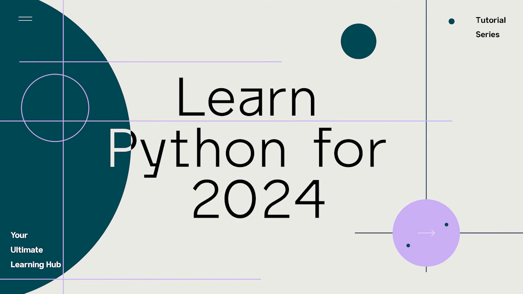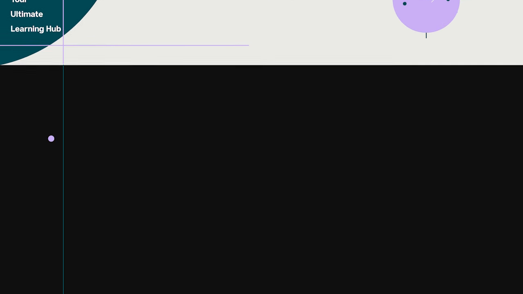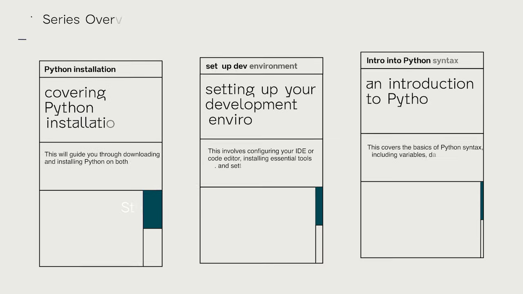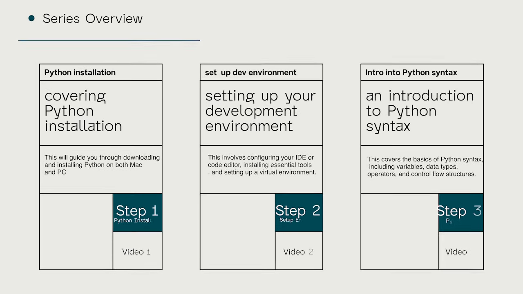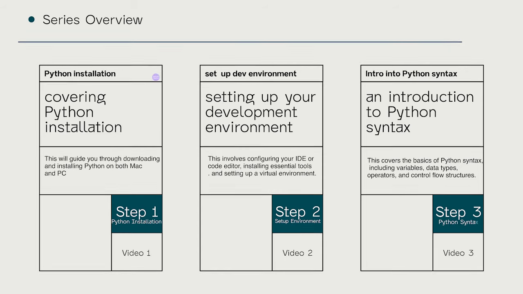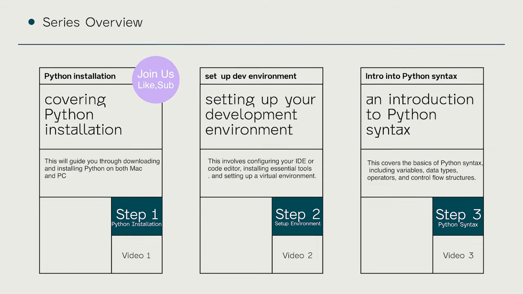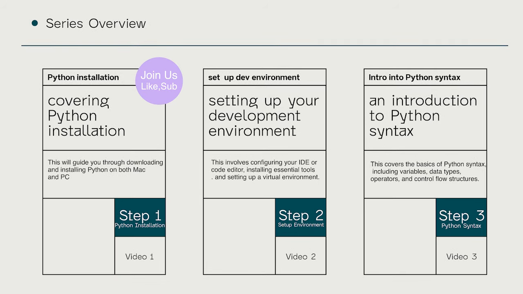Right now, let's take a quick look at how this series is structured to help you achieve these goals. Firstly, we'll start with the basics, covering Python installation, setting up your development environment, and also an introduction to Python syntax.